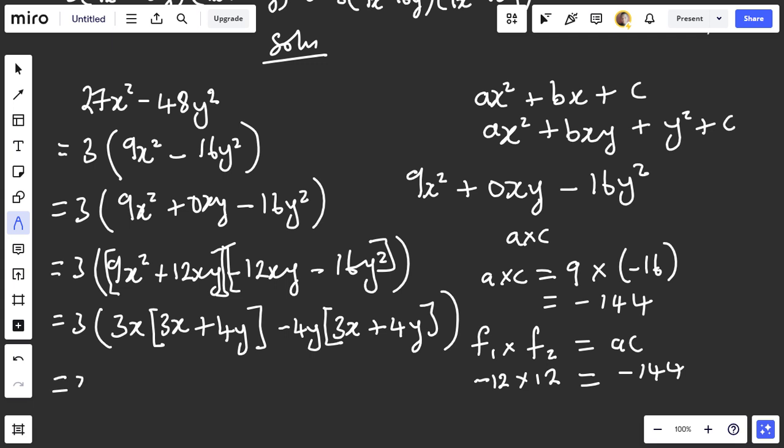Now you see that this inner bracket here and what is here are the same. So if you factor that out, you will have 3x plus 4y, and what will be left is 3x minus 4y.